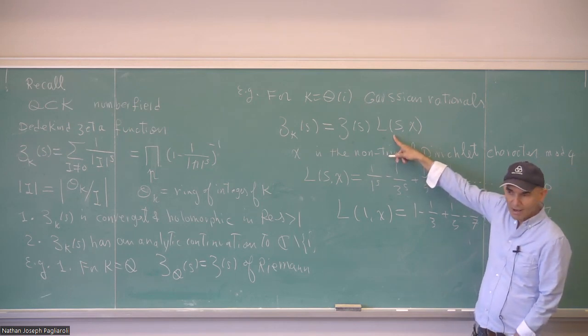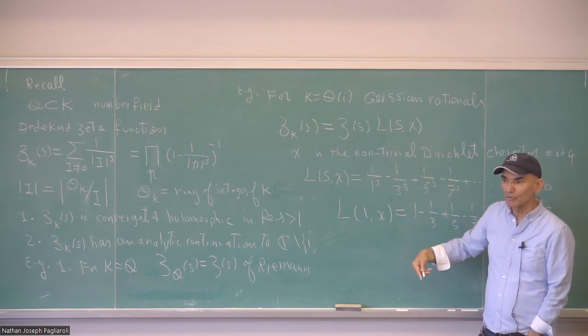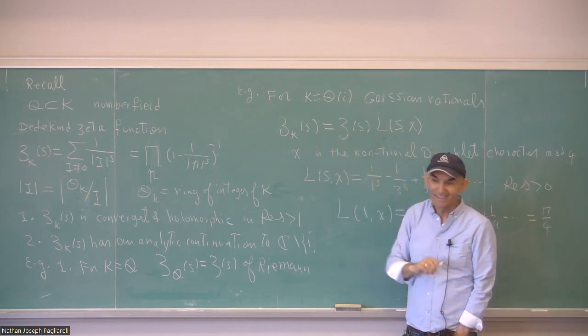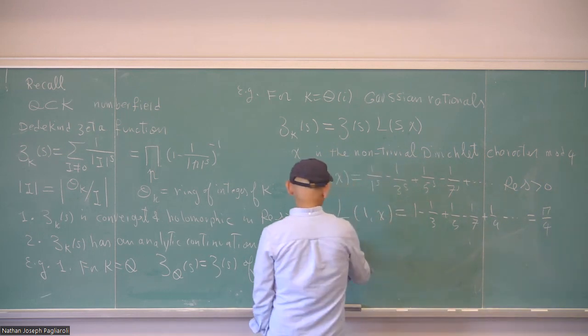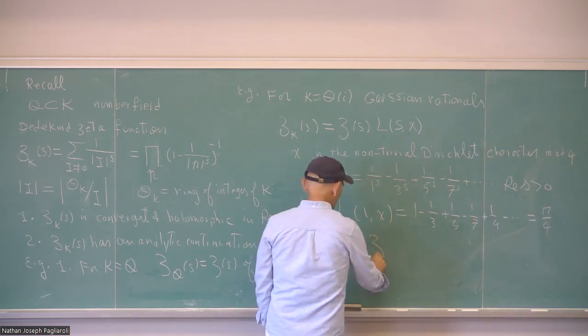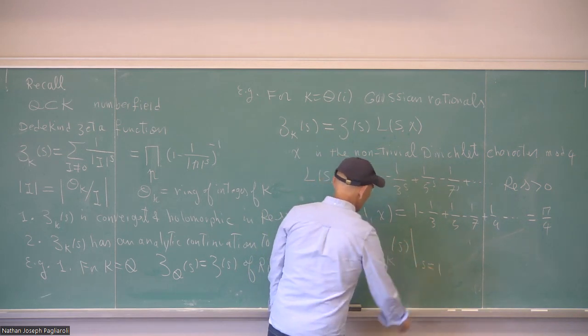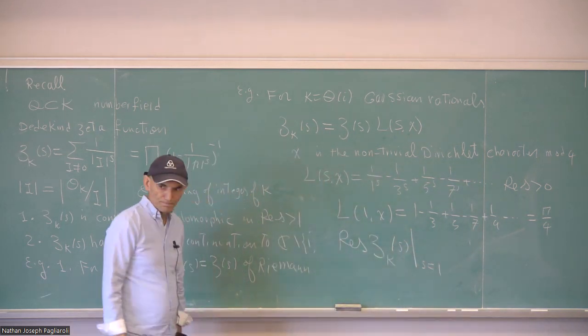Okay, so if you put this and that together, what can you say about the residue of zeta k at s equal to 1? What can you say about its residue?